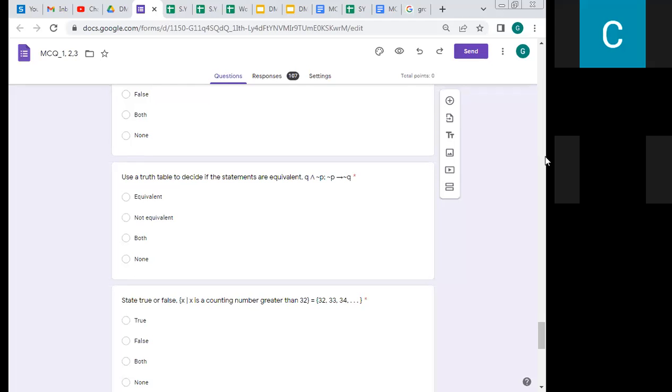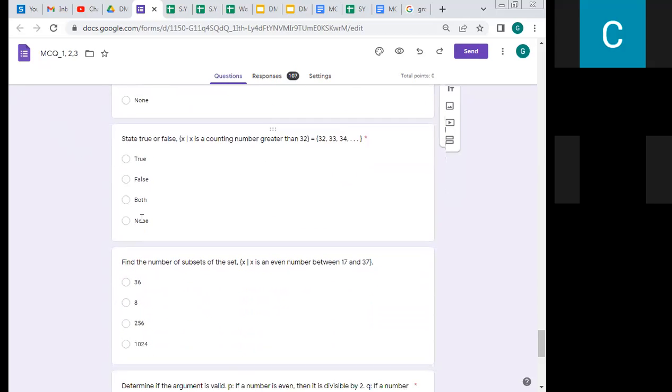Yes or no? Yes, ma'am. Columns coming here are FFTF and TTFT. Is it correct? Yes, ma'am. So the two given statements are not equivalent. So the second option will be there.